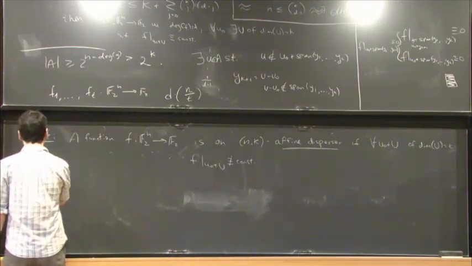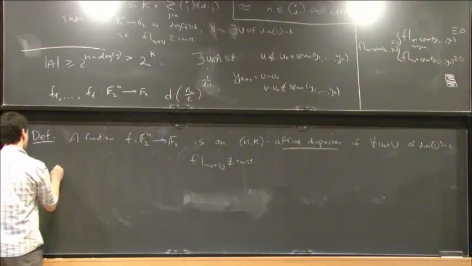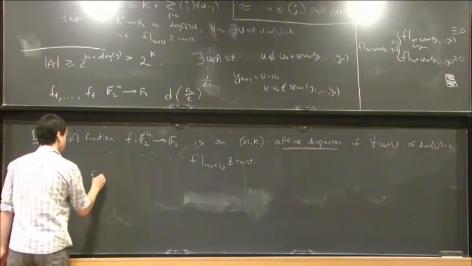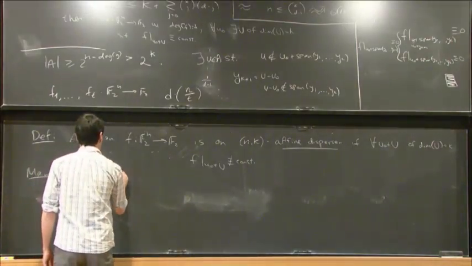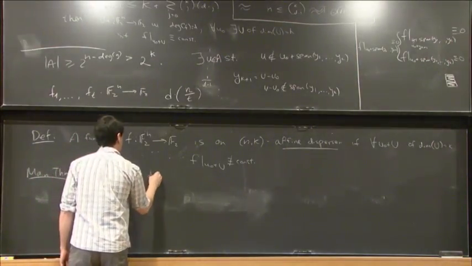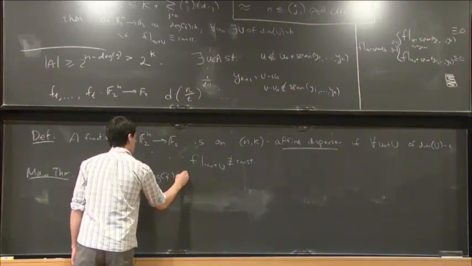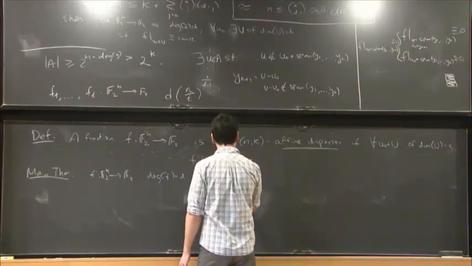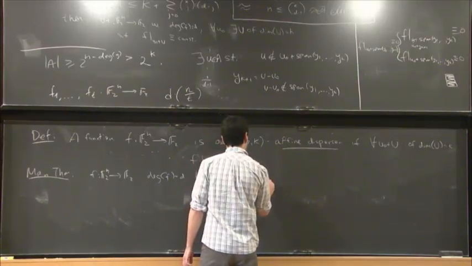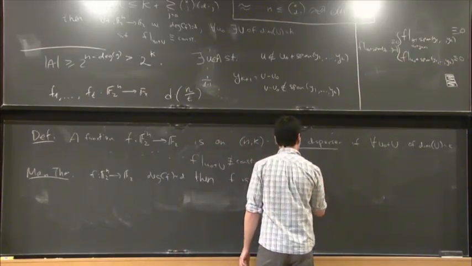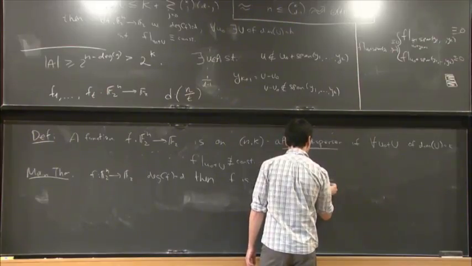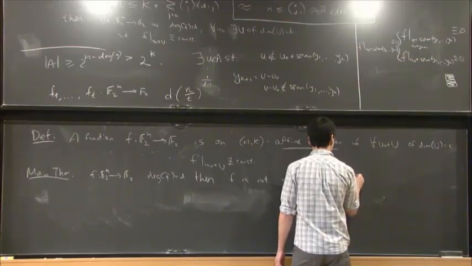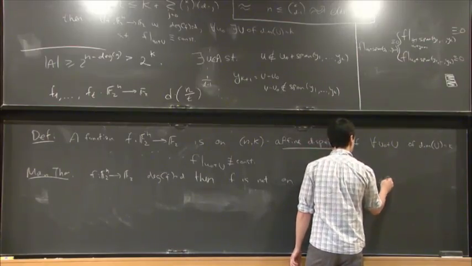So our main theorem can be restated as: if f is a degree d polynomial, then f is not an (n, ...) affine disperser. Okay, so there's some constant here.